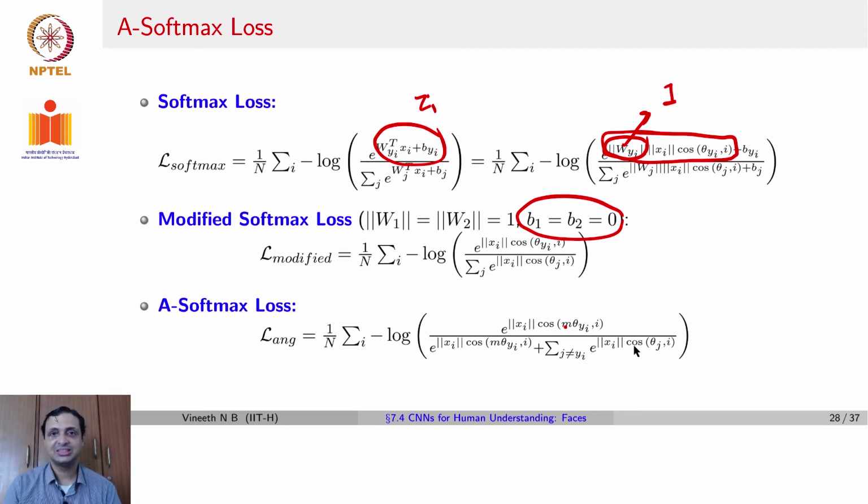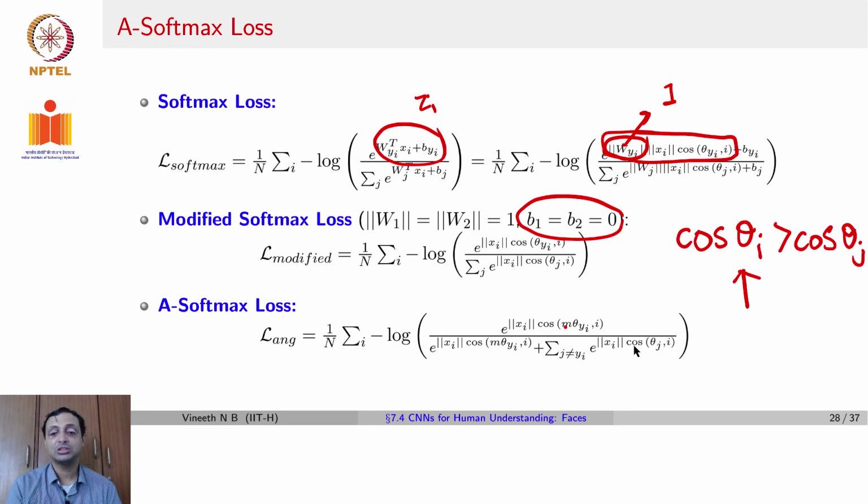This ensures that the angle is further separated between the positive class and the rest of the classes. Remember that the final match to check whether a feature belongs to one class and the other class would be given by where cos theta of I is greater than cos theta of j. You would then say that this point belongs to the ith label and not the jth label.